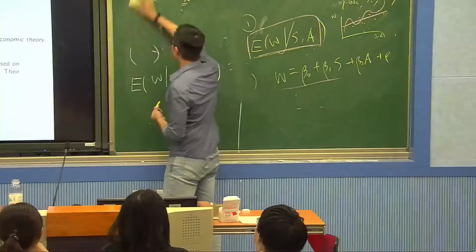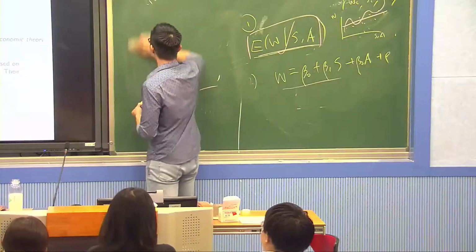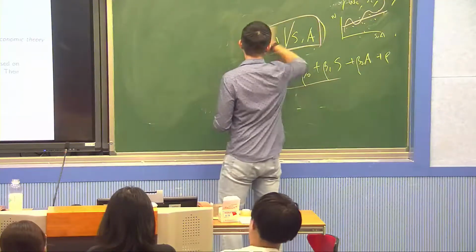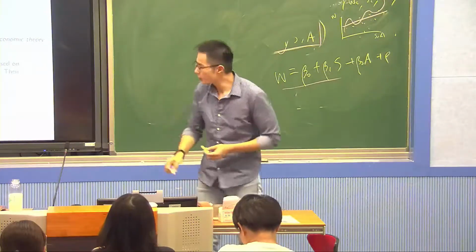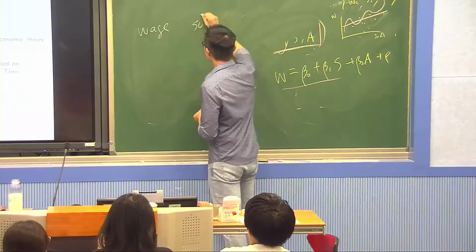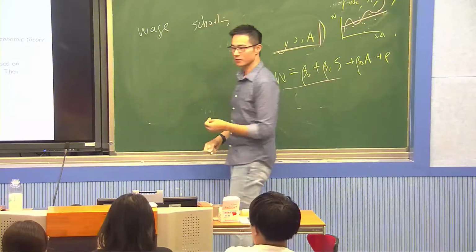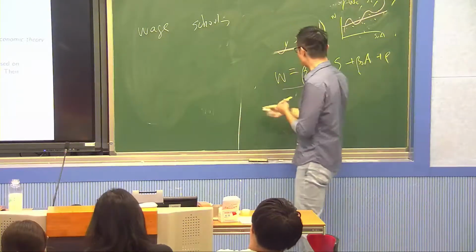Let's see an example. Actually, somebody asked me this question last week after our second class. I'm again going to use the relation between wage and schooling. There's some relationship between wage and schooling, and we can estimate it using something like this.